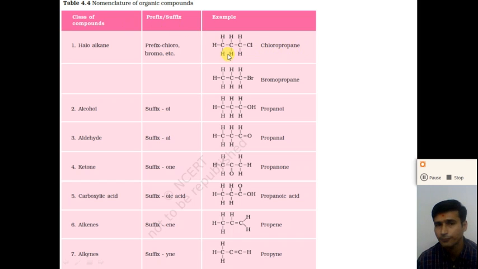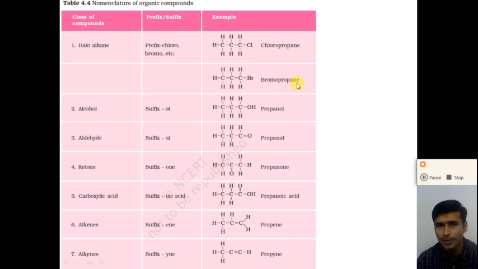If there are four carbon atoms, its name is chlorobutane. If there are five carbon atoms, its name is chloropentane, right?